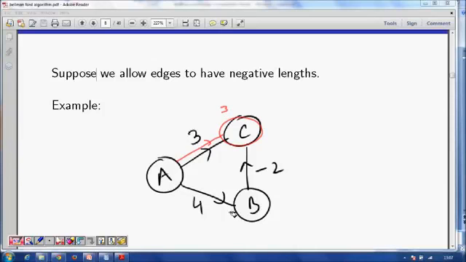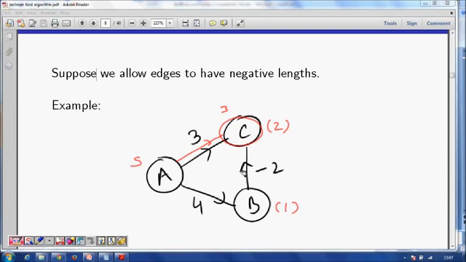But if you go via B, then A to B, B to C, it's 4 plus minus 2. So it's just 2. So 2 is the shortest path from A to C. For B, what will be the shortest path? From A to B it's 4, and A is the source.